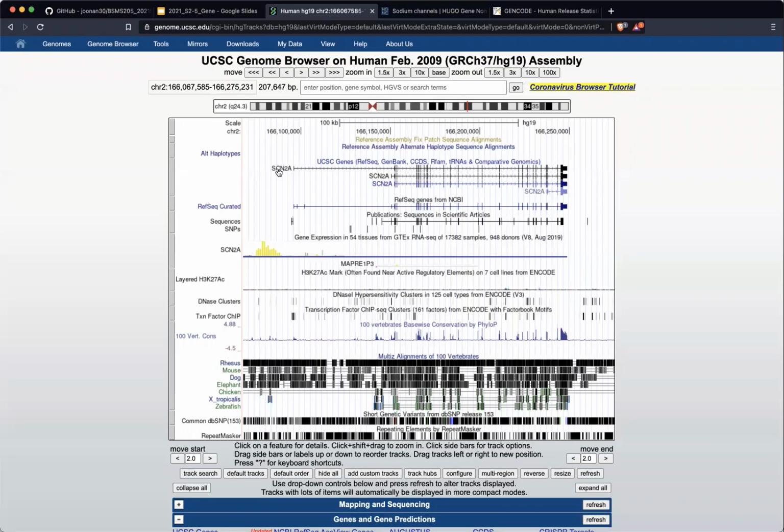So you see the SCN2A gene here, and SCN2A gene here, SCN2A gene here, SCN2A gene here. Then these genes have the exons here, and introns here, and exons here, another exon, because a gene can have multiple exons. And obviously, if you have multiple exons, then you have the introns, right?